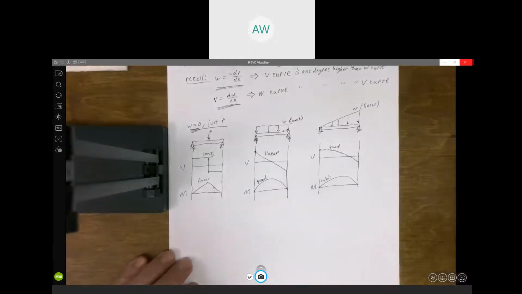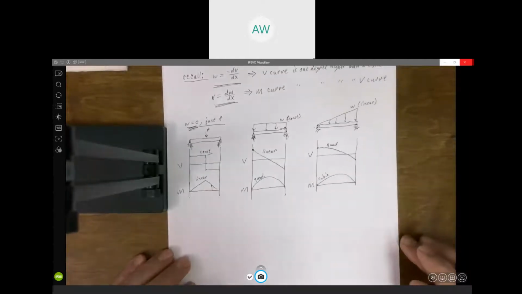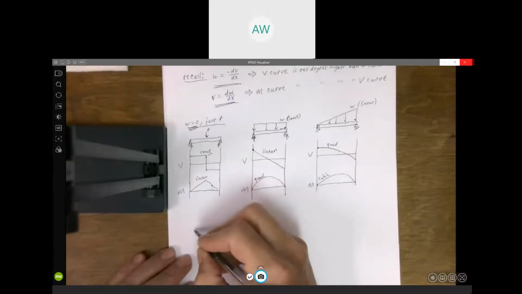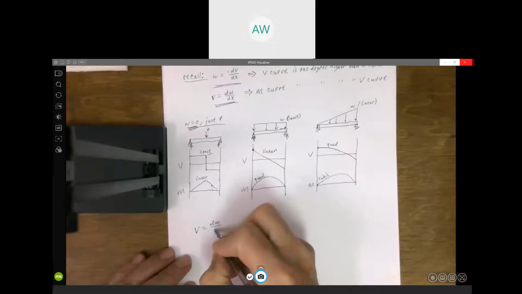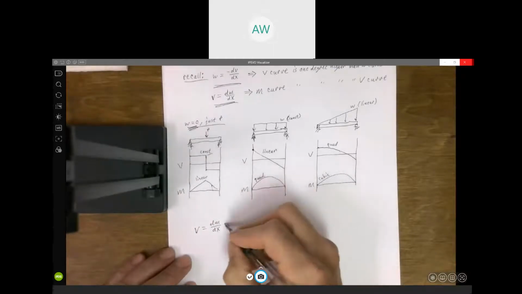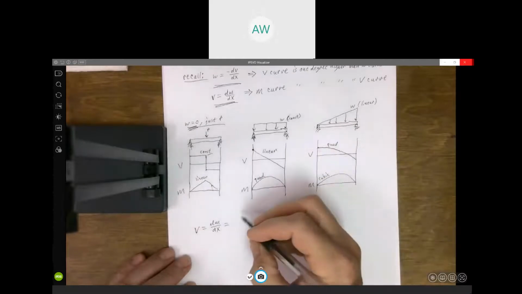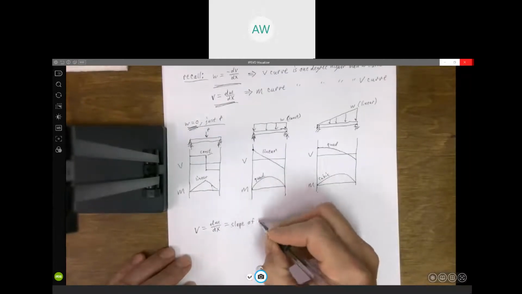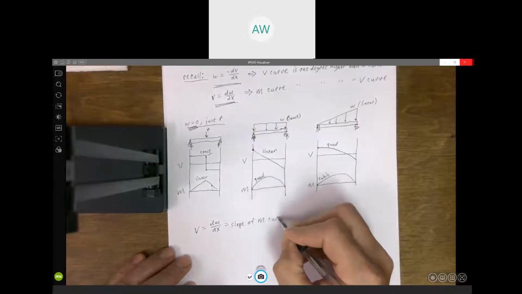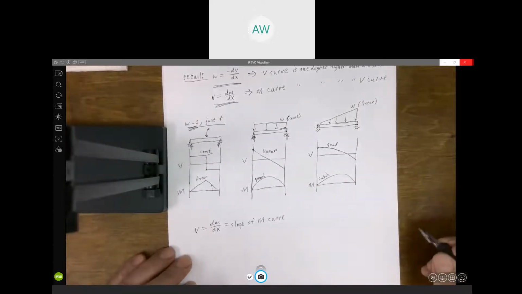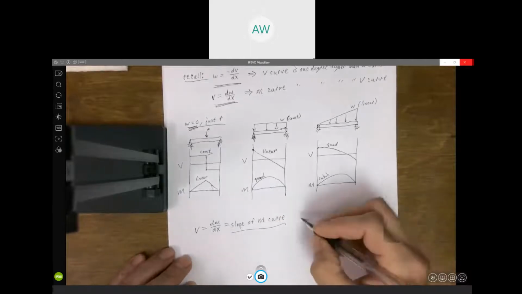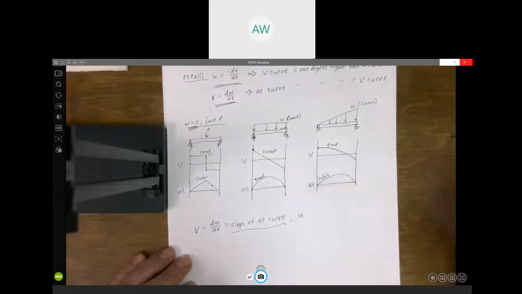Well, one, we've kind of already been taking this for granted, but let's formally show why it's true. V is dM/dx. That's the derivative of the moment function, but that's also the slope of our moment curve. If you look at the graph, that's what the derivative is. It's the slope.